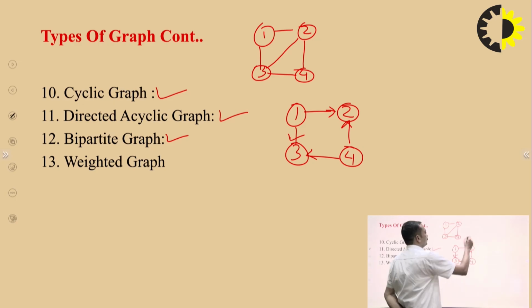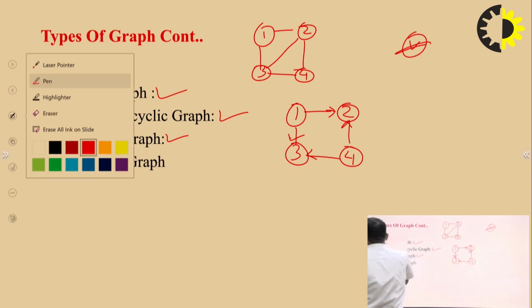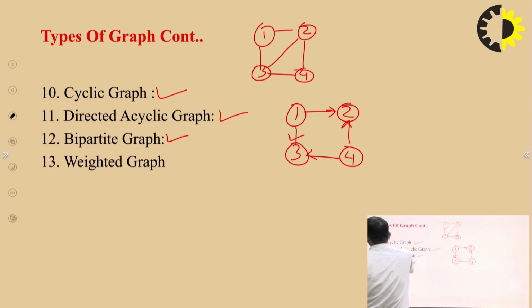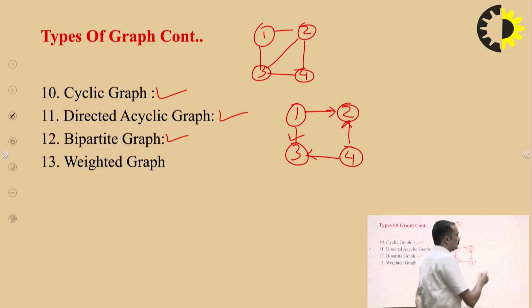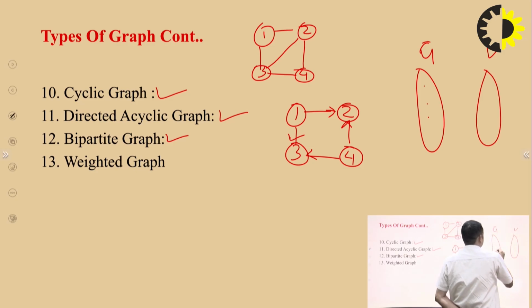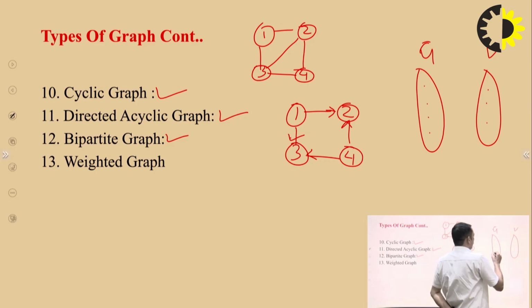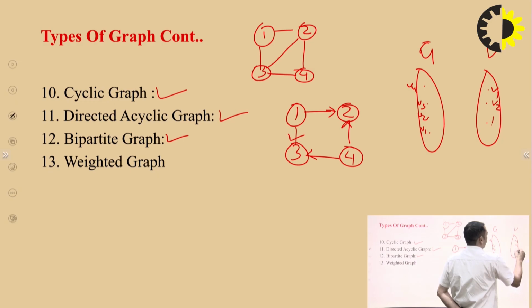Like if we have a set of vertices U and V, suppose we have these two sets, U and V, and suppose here we have u1, u2, u3, u4, here we have v1, v2, v3. So there can be a connection between these.